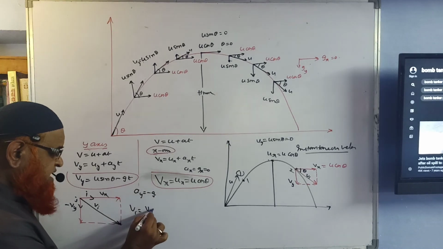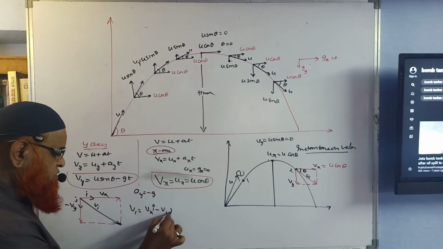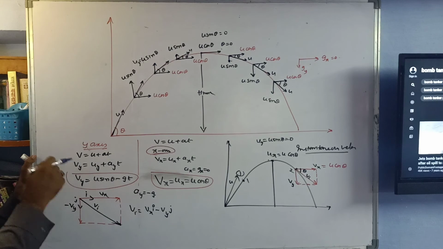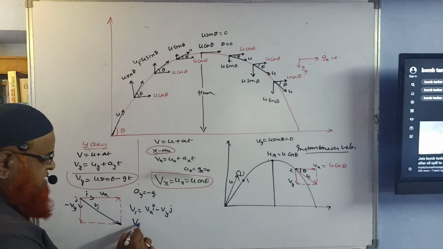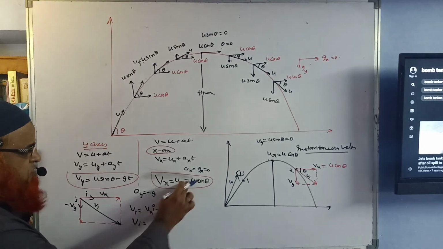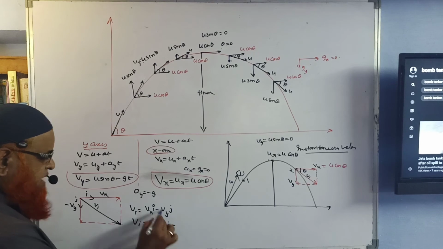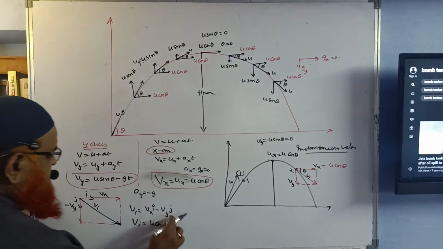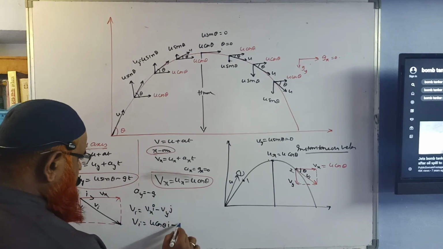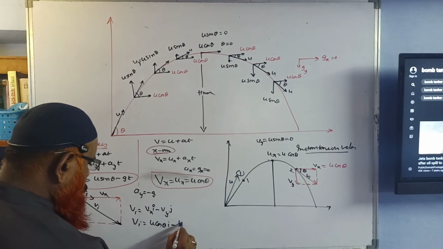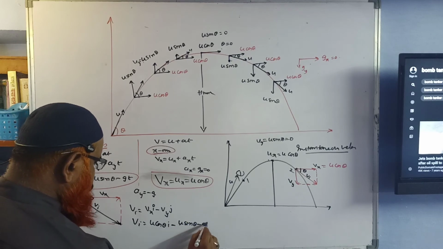Can you write this as Vx into i minus Vy into j? Yes, you can write that, because this is downwards. Upwards is positive, but downwards according to the coordinate system is negative. Then the instantaneous velocity is Vx, and Vx is nothing but u cos theta into i, minus Vy, and Vy is nothing but u sin theta minus gt.